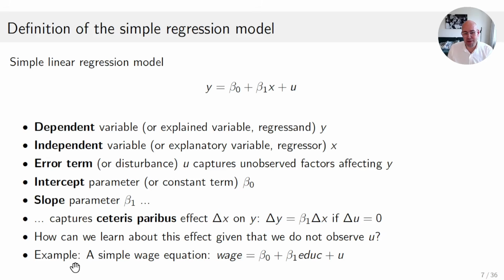Now, more specifically, let's think about this in the context of an example where the wage is equal to beta naught plus beta 1 times the number of years of education plus u.